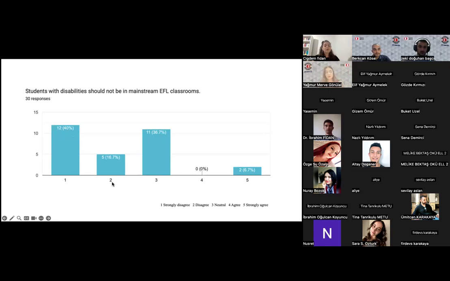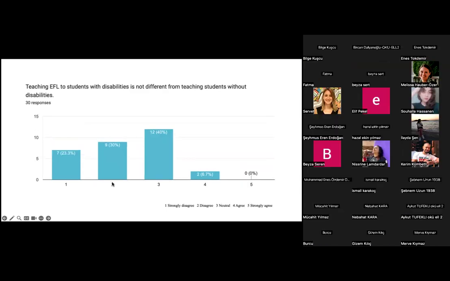This really shows how prospective EFL teachers think about inclusiveness, that students with disabilities really contribute to inclusiveness in an EFL classroom.